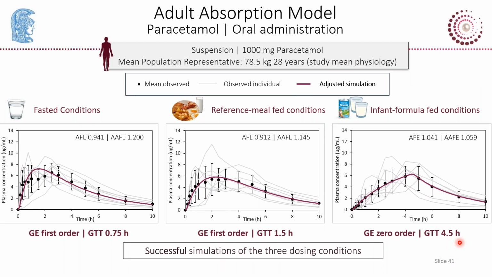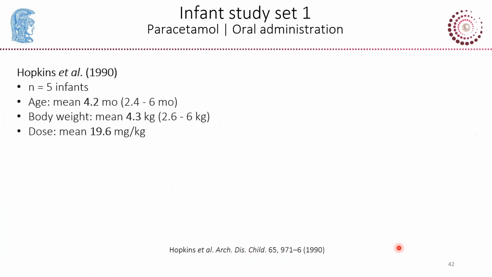As you can see, both from our evaluation parameters and visual checks, we had successful simulations of the 3 dosing conditions, and we proceeded to scaling those conditions to pediatrics by keeping the same gastric emptying order for each condition and by scaling the gastric transit times for each condition.